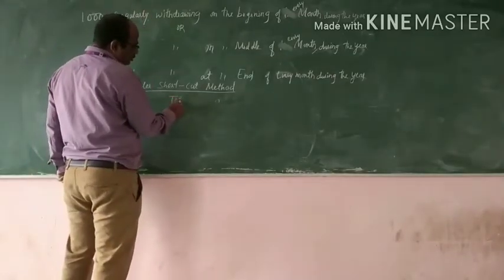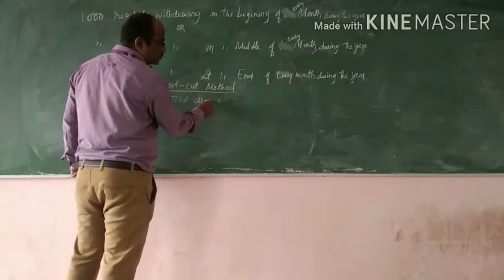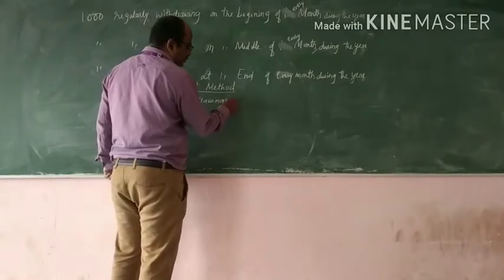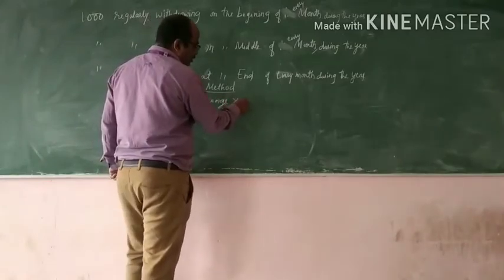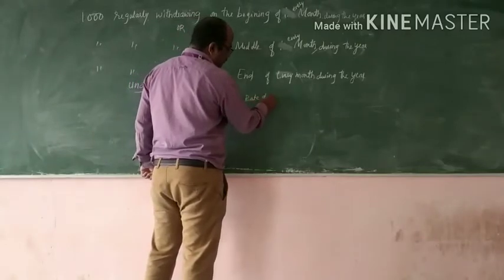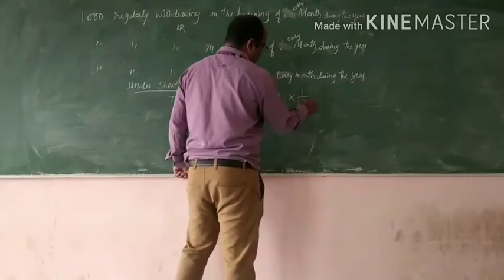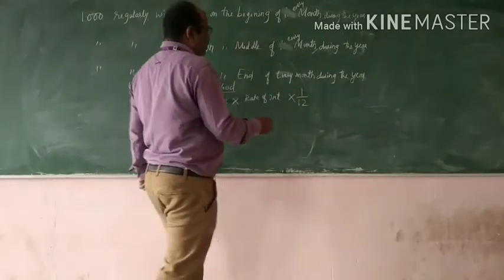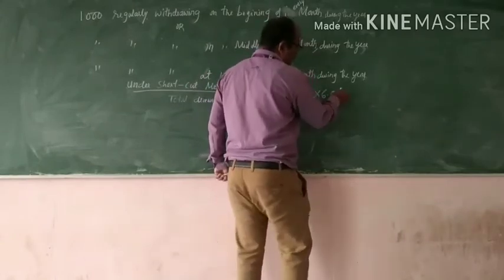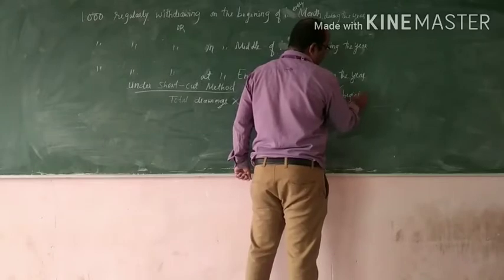Total drawings into rate of interest into 1 divided by 12 into 6.5, if it is given at the beginning of the month.